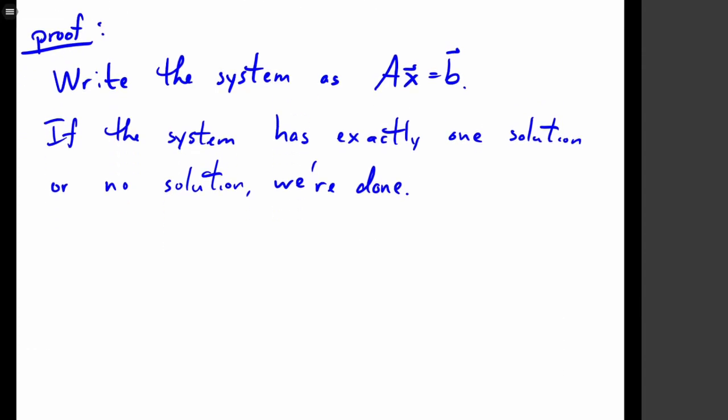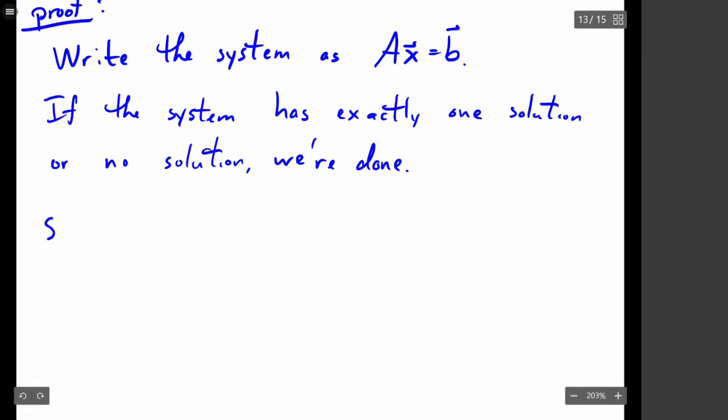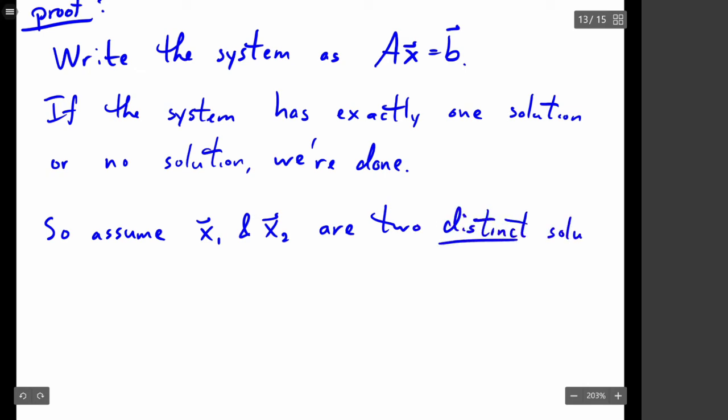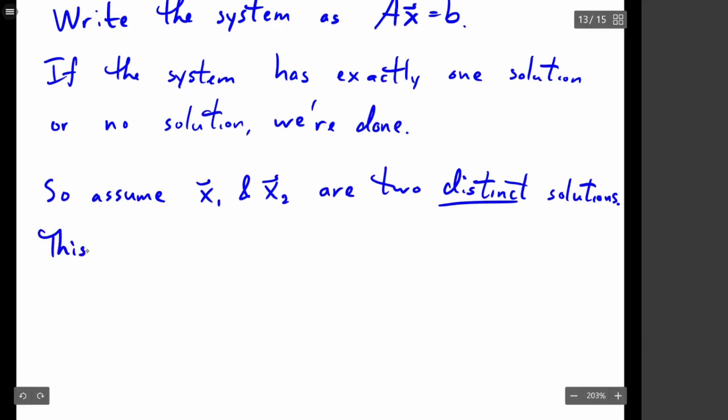So how do we do this? Assume x1 and x2 are two distinct solutions. This just means that the two vectors x1 and x2 are different. This means Ax1 equals b and Ax2 equals b.